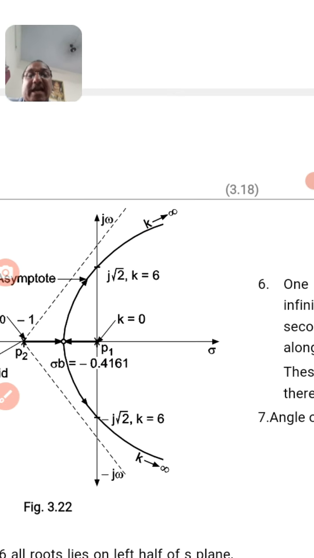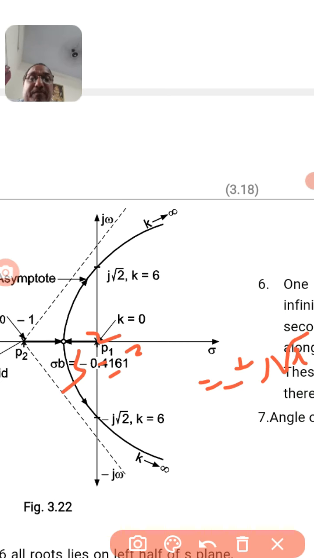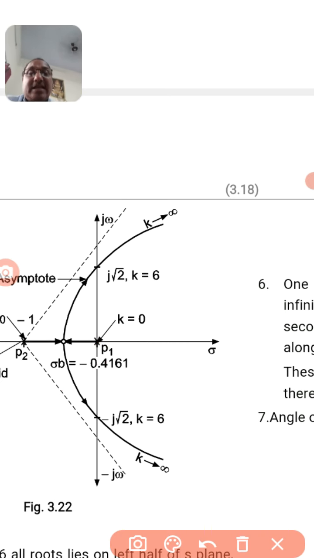At k is equal to 0, and at j root 2 we found this point just before, that means these asymptotes intersect at j root 2 on the imaginary axis where gain is maximum, that is 6.